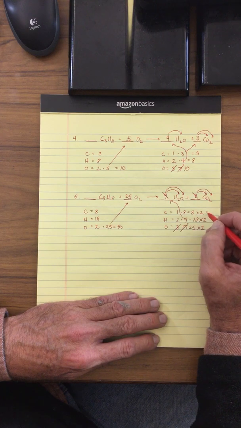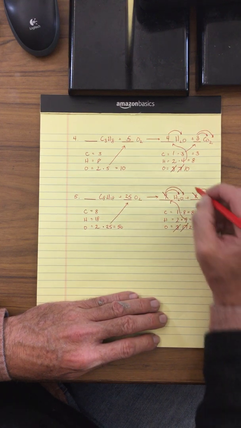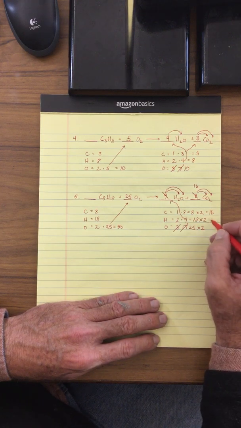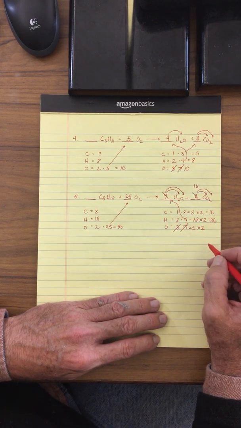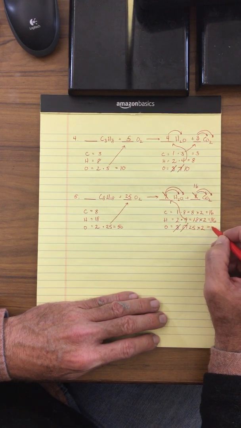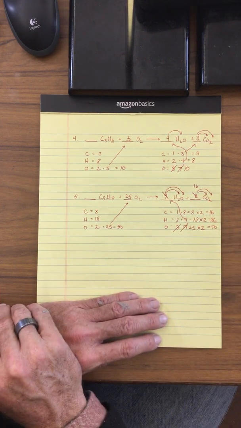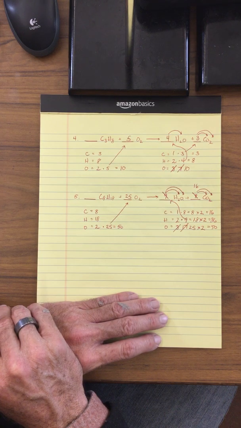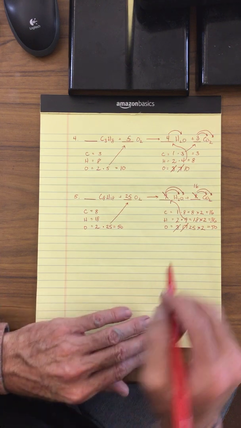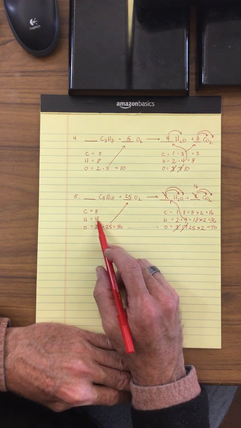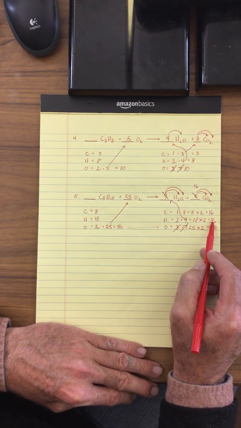This is going to give me 16 carbons. This is going to give me 36 hydrogens, and this will give me 50 oxygens. So now let's see if we are balanced. We've got the 50 here, but now we've made this into 36.